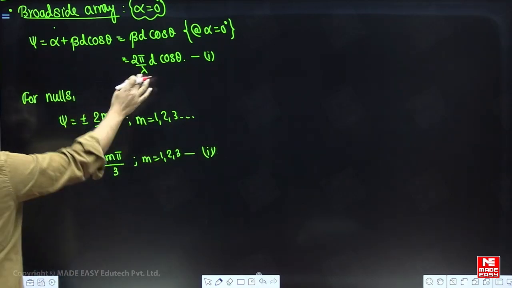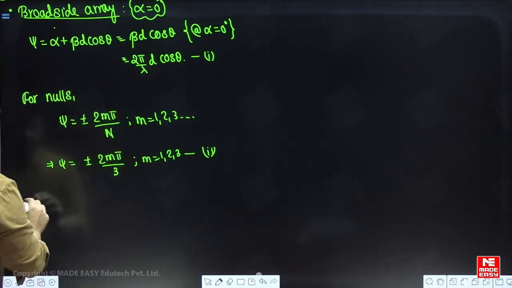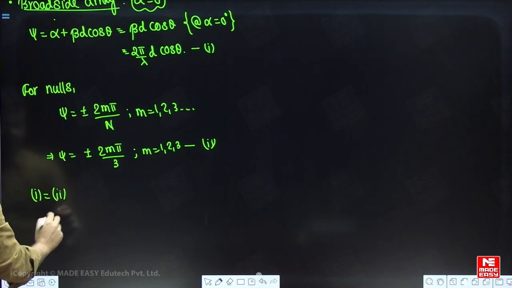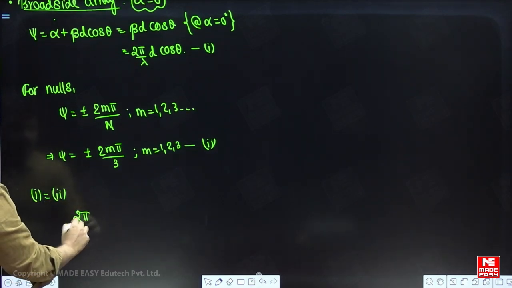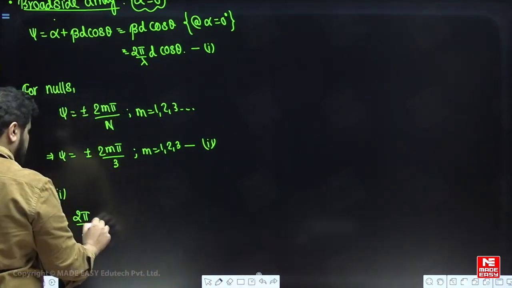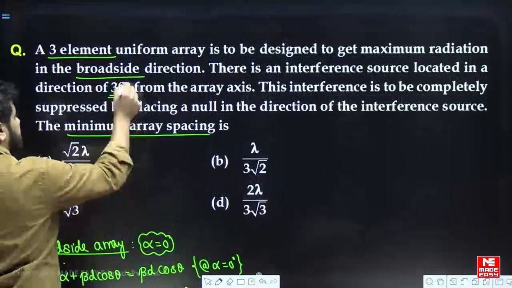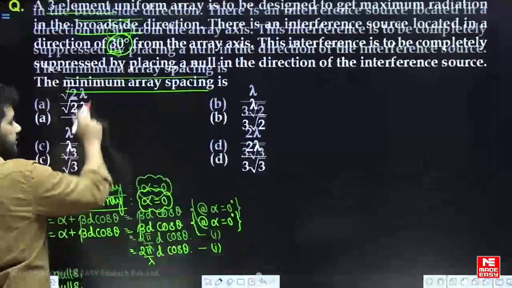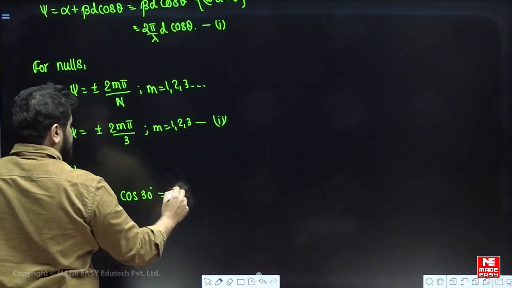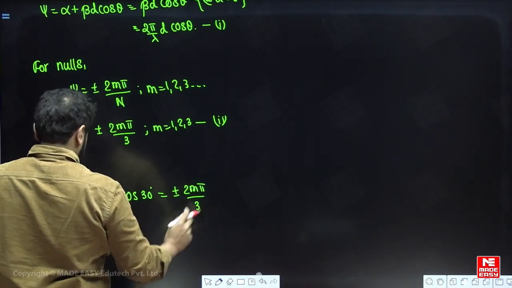So this psi and this psi should be same because I have to put the null. So I can say that 1 and 2 both should be same. So if 1 and 2 are same, I can say that 2 pi by lambda into d into cos. So null is placed in which direction? It is placed in the direction of 30 degrees, right? So cos of 30 degrees is equal to plus minus 2 m pi upon 3, right?